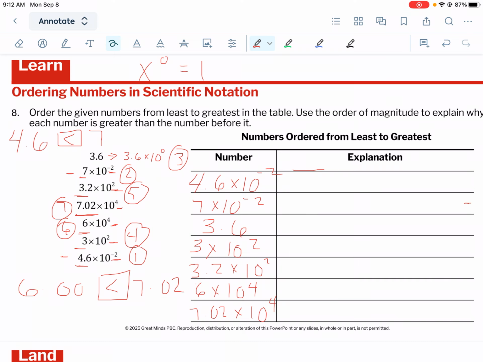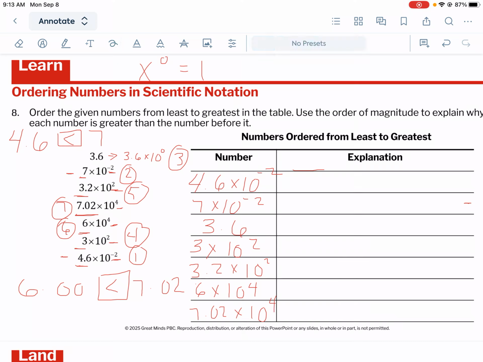And for 6 times 10 to the 4, you can say that though the order of magnitude, or the exponent, is just as hefty, or you can say it's just as equivalent to the n value of 7.02, 6 is less than 7.02. Done. All that means is that even though it has the same exponent, your a value up front is less than 7.02. That's all.